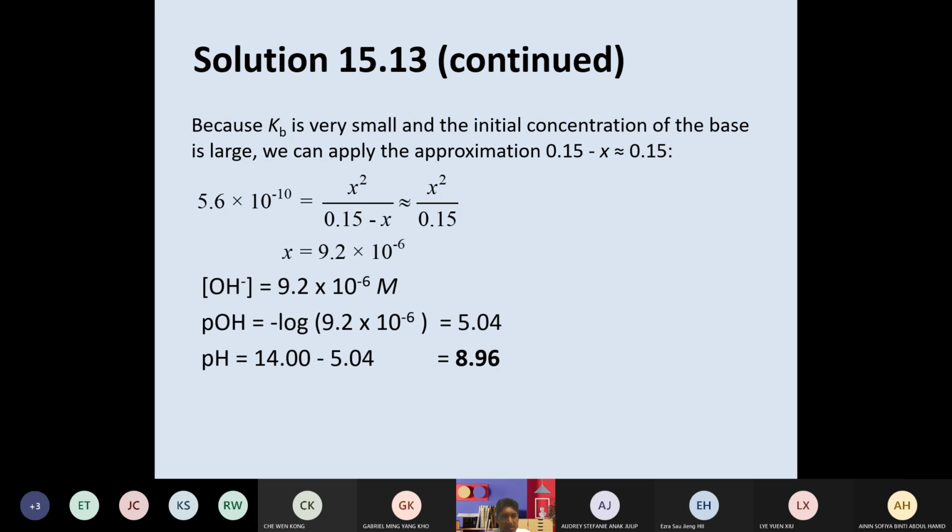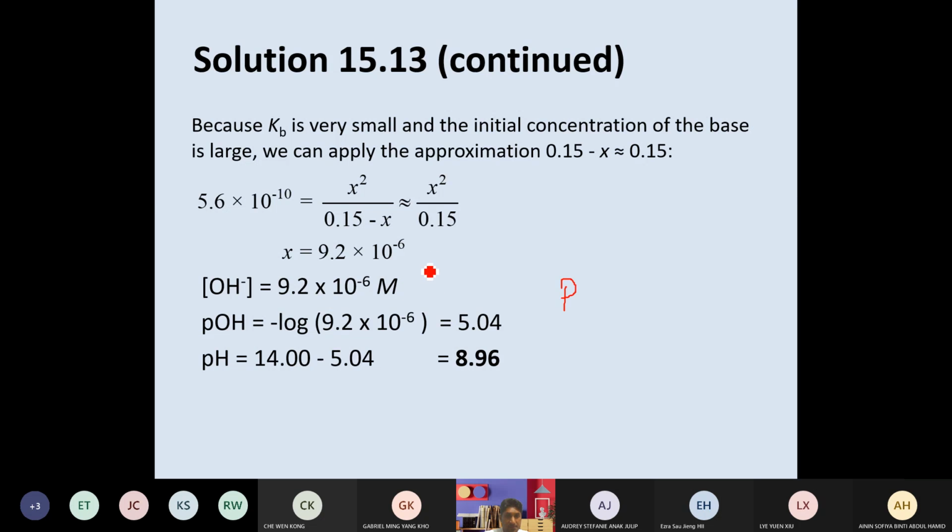By the approximation method, we find the pH of the solution, because we found X, which is the hydroxyl ion, and if we know the hydroxyl ion or the pOH, we can take the negative log of that value, and pH plus pOH is altogether 14. Okay, pH plus pOH is equal to 14, right?